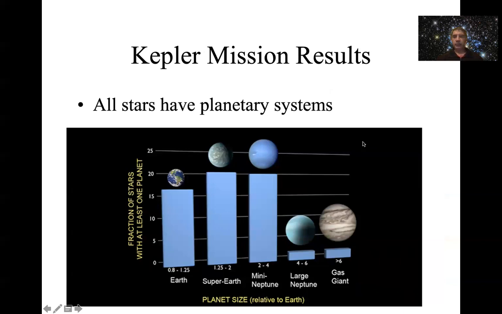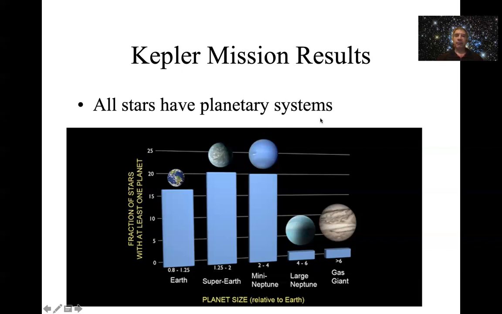A key result from Kepler, which is still astonishing every time you say it, is basically that we now believe that all stars pretty much have planetary systems. Every star you look up at in the night sky has probably got planets orbiting it. So how did we come to deduce this?